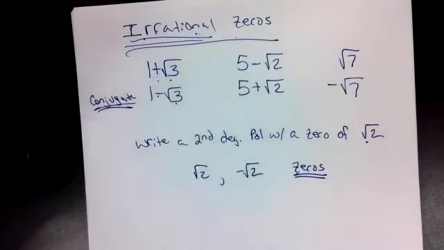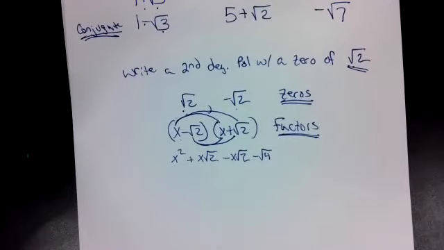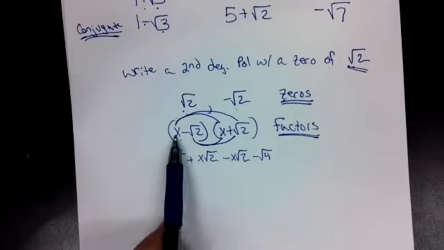And negative root 2 times positive root 2 is negative root 4. So again, multiplying. X times x is x squared. X times root 2 is x root 2. Negative root 2 times x is negative x root 2. And negative root 2 times positive root 2 is a negative root 4.